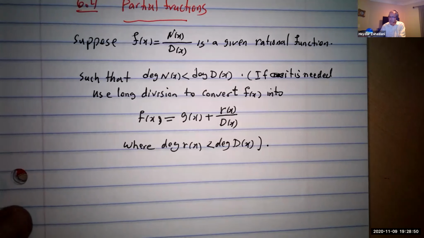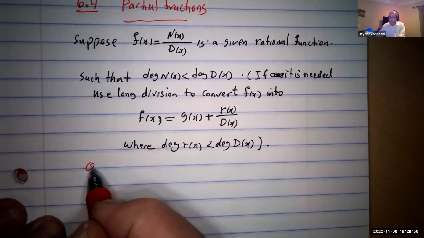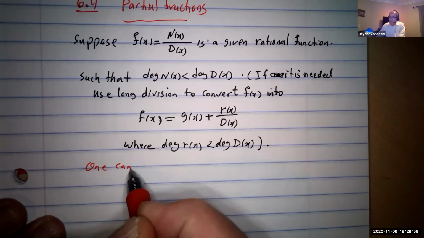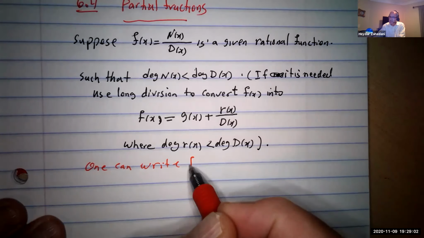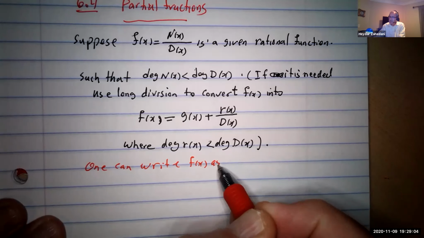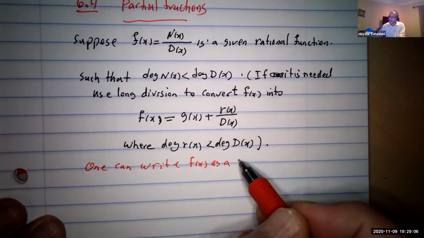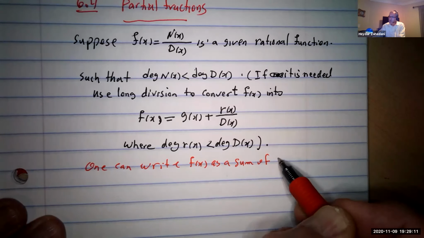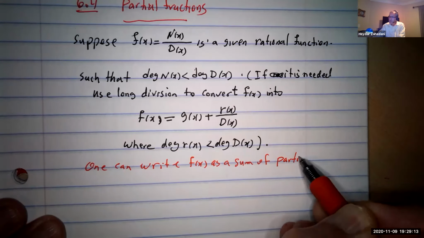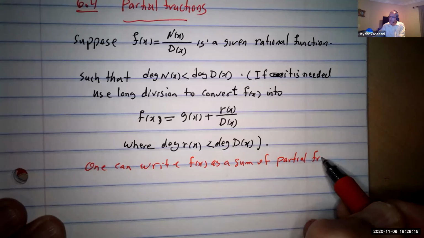So what we would like to do is write f of x as a combination, as a sum, if you like, of partial fractions.